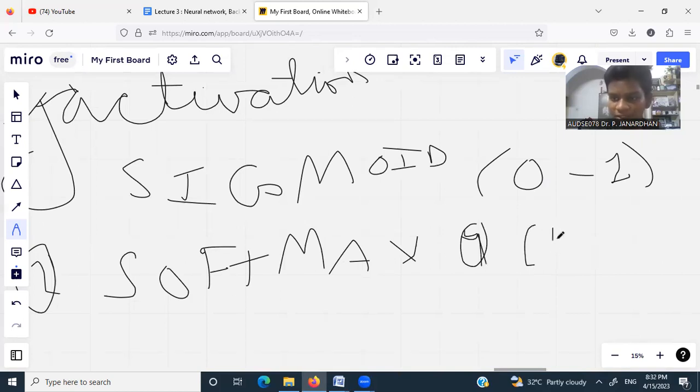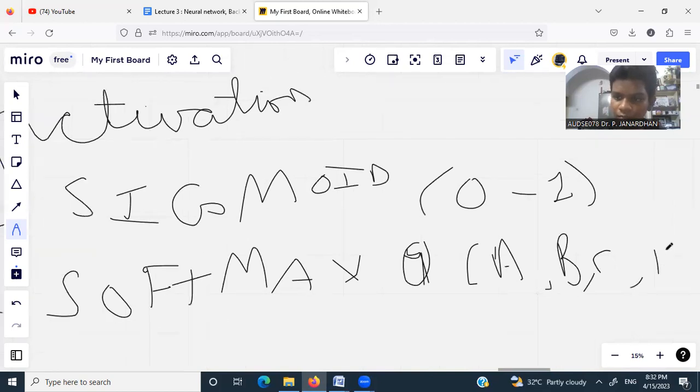Let's say there are 4 persons: A, B, C, and D, the names of the persons. We have photos of A, photos of B, photos of C, and photos of D. We'll try to train the model.